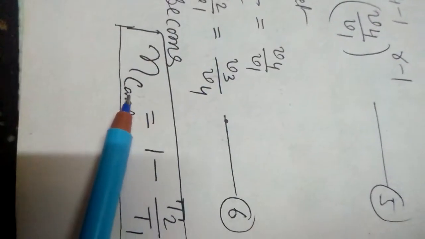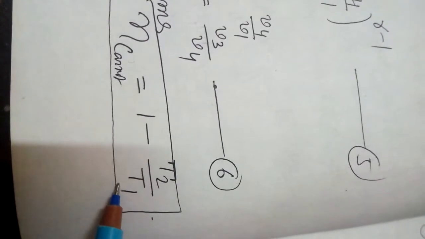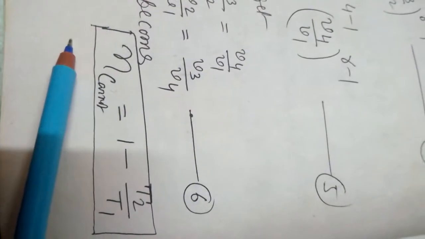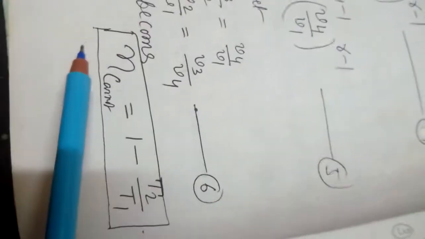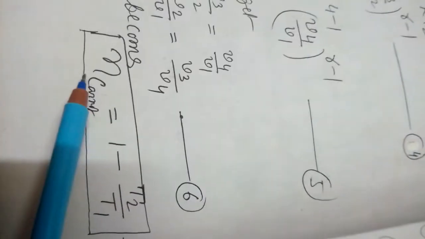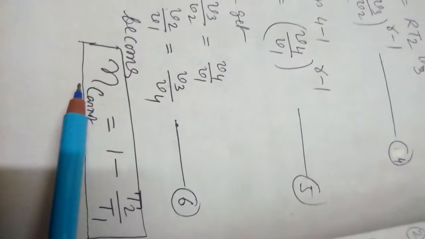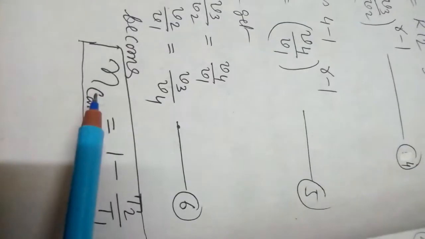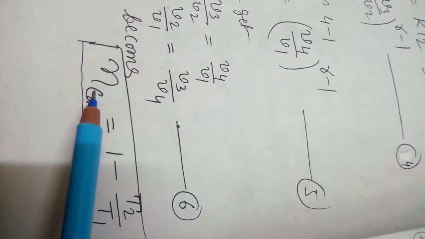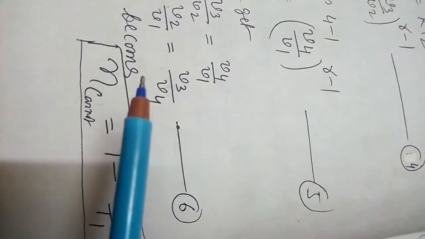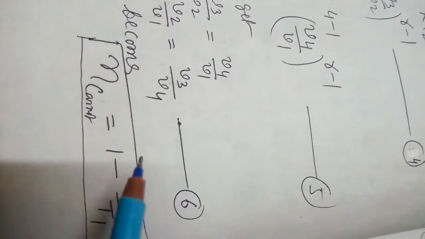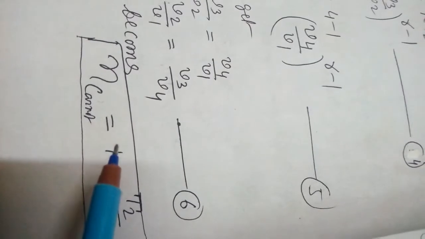So this cancels out, R cancels out. So we have efficiency of Carnot equal to 1 minus T2 by T1. This is most important. Only thing is that we have to know the equation for heat addition and equation for heat rejection.